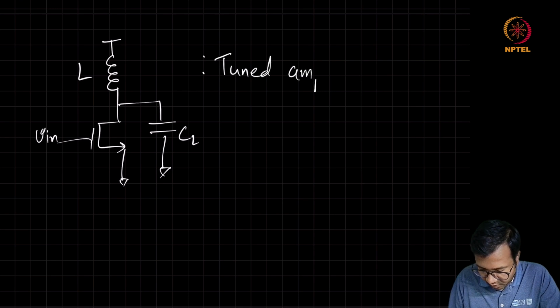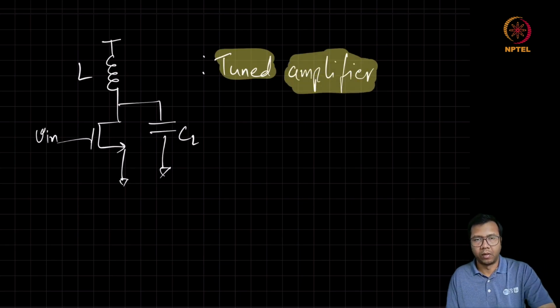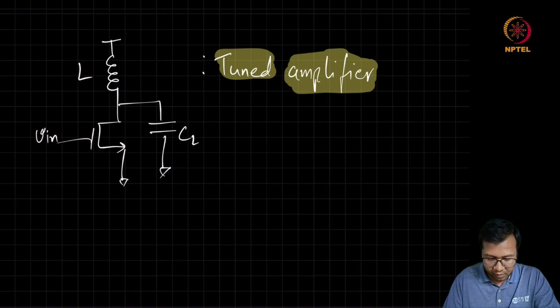Tuned amplifier is really important when we want to operate at high frequency. So at our desired frequency of operation, we can most of the time just replace this LC combination with a real impedance at omega naught and continue our analysis.